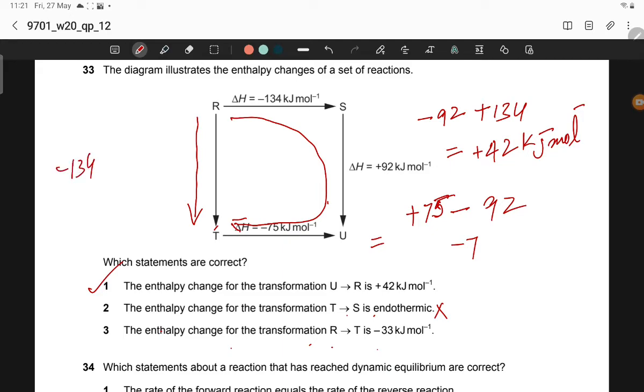Minus 134 plus 92 plus 75. This is equal to plus 33, so it is also incorrect. So if statement 1 is correct, the option is D.